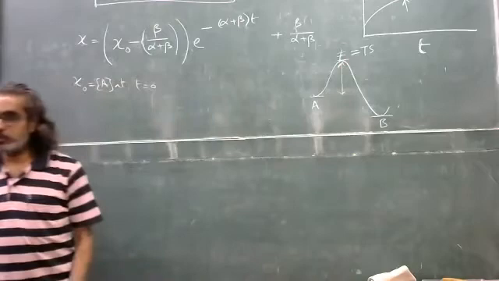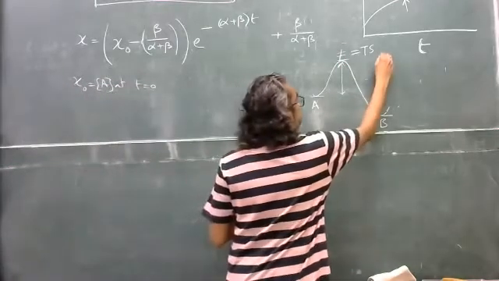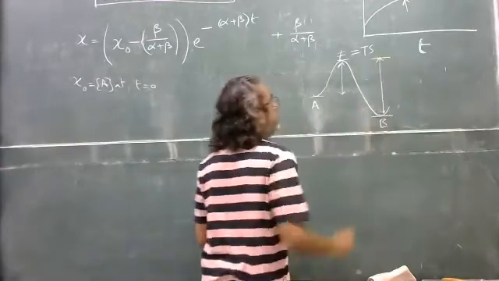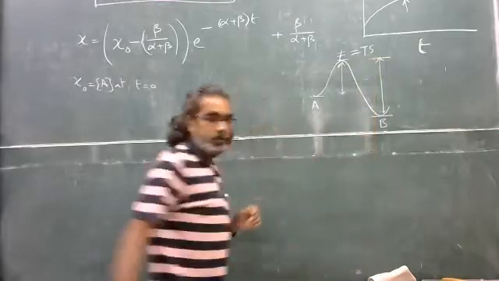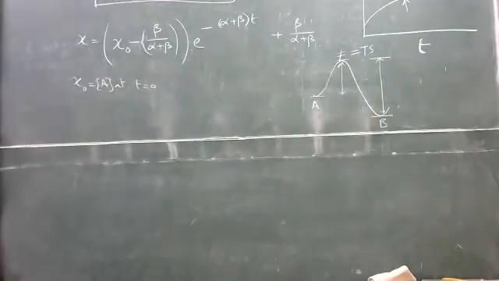And if B needs to convert to A, it needs to acquire this much energy to reach A. So both reactions, A to B and B to A, have an energy barrier.